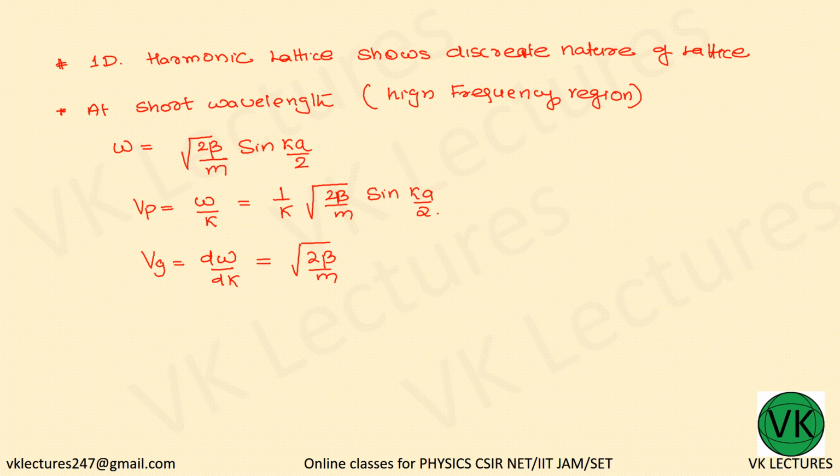Instead of sine we have cos Ka by 2 times the coefficient of k, that is a by 2. So here we can write Vg not equal to Vp, and so it is a dispersive medium.